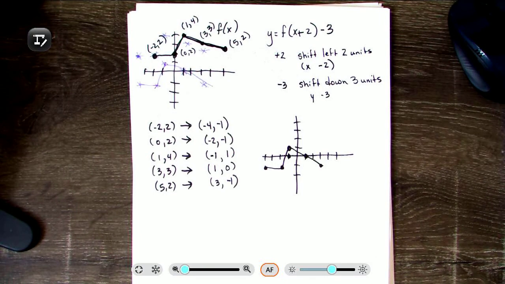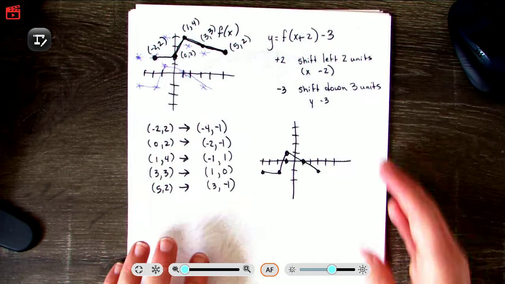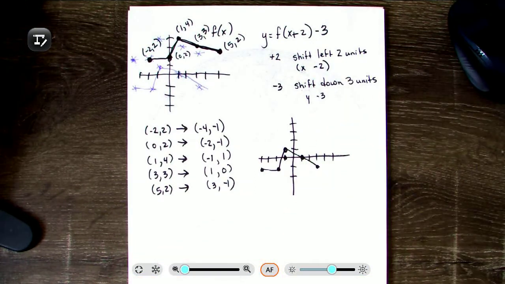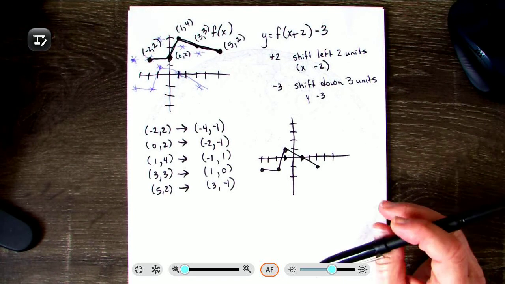Okay, so whatever method makes more sense to you, feel free to do that. I do find a lot of students do like this point idea because it helps them. Some people like to do the shifts. Some people will do them all at once. Some people do baby steps, one little thing at a time. You need to find a method that works for you.